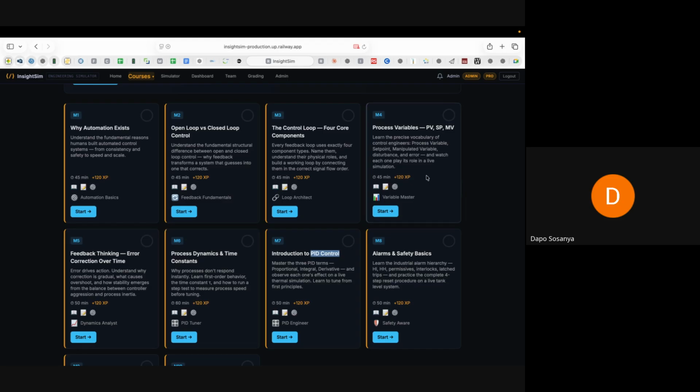Those were the lessons that built the background and the right foundation for understanding M7. Because as simple as these terms are, the PV, the SP, and the MV, and the relationship between them, they are very vital to understanding M7, the PID control.